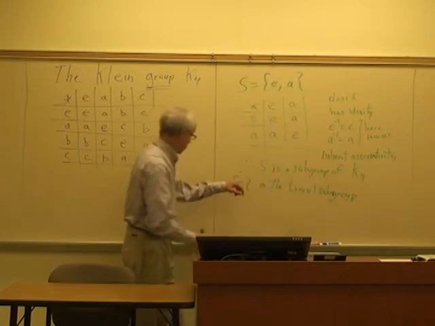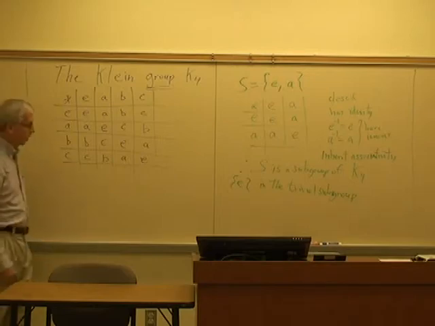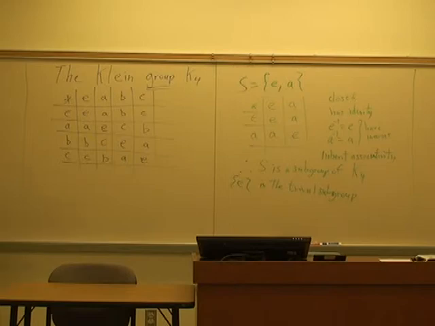Because obviously, when I multiply the identity by itself, I get the identity, it's closed, it is its own inverse, and associativity is trivial when I've only got one element. That is E star, E star, E, doesn't matter how I do the parentheses. So there's two subgroups of the Klein 4 group.